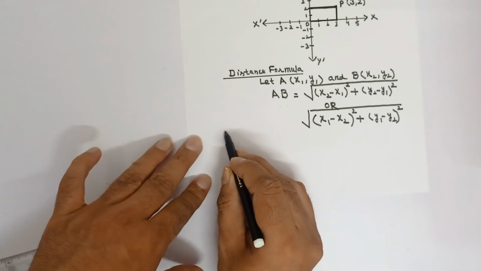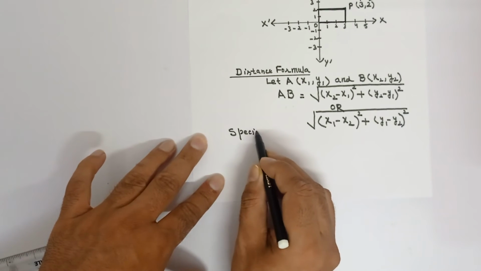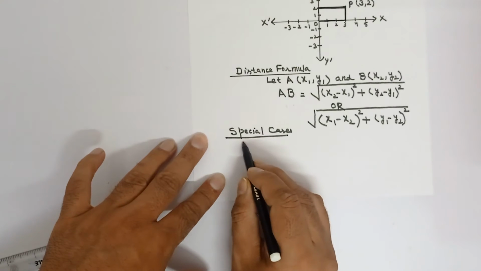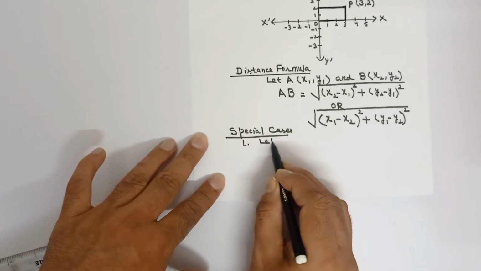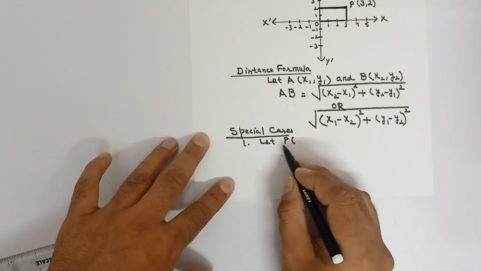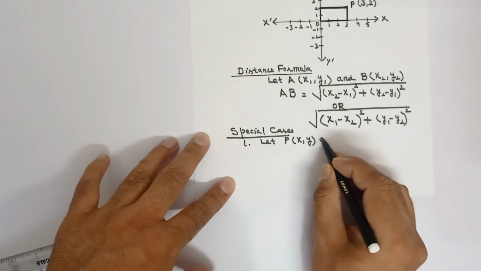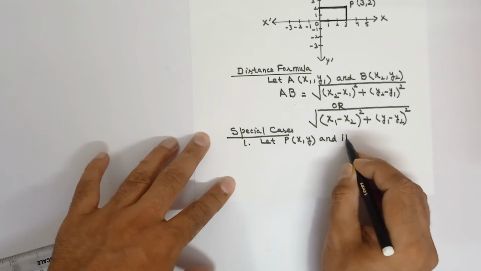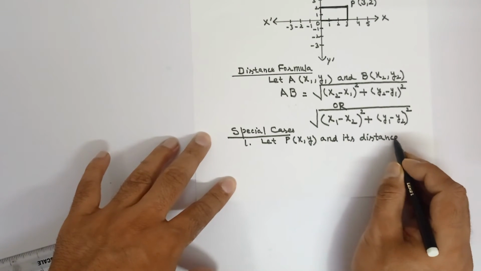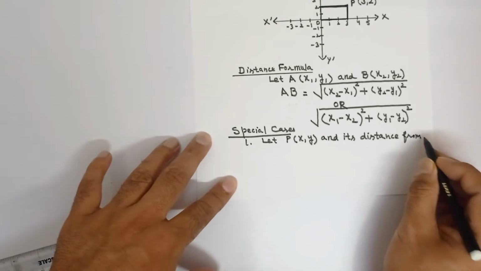Now there are some special cases. So I am writing here special cases. First, let P have coordinates x, y, and we are to find its distance from the origin.